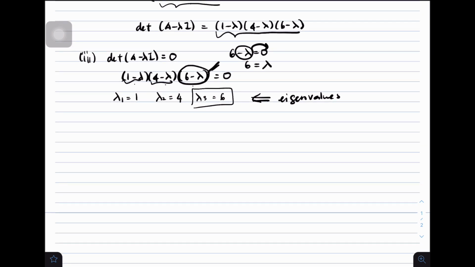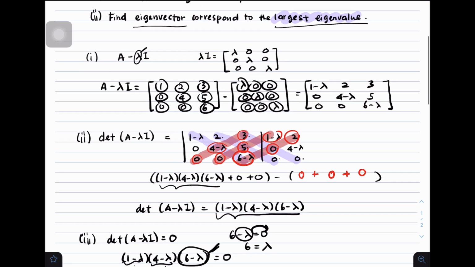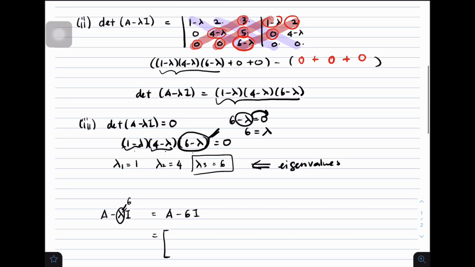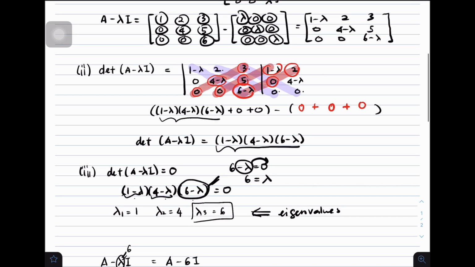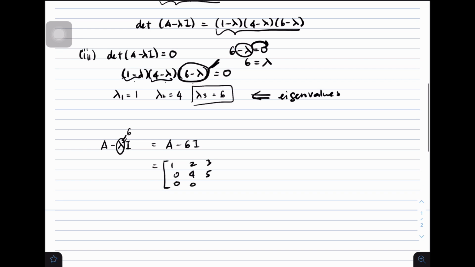So how to find the eigenvector corresponding to eigenvalue equal to 6? We just need to compute A minus lambda I, where now we already know the value of lambda is equal to 6. Therefore, we just need to compute A minus 6I. So the matrix A is 1, 2, 3, 0, 4, 5, 0, 0, 6, minus 6I, which would be 6, 0, 0, 0, 6, 0, 0, 0, 6.